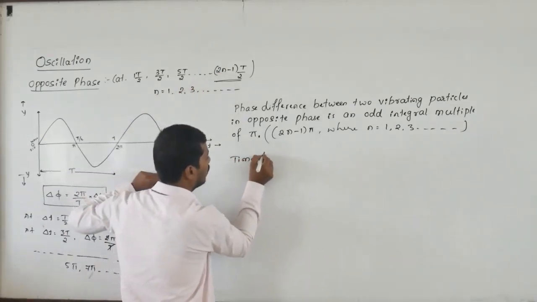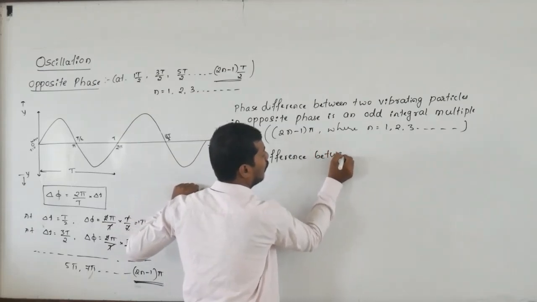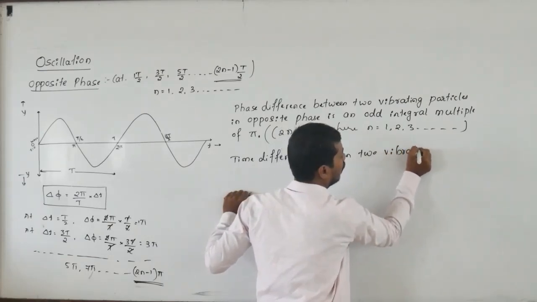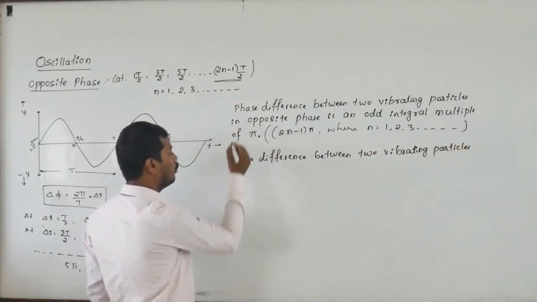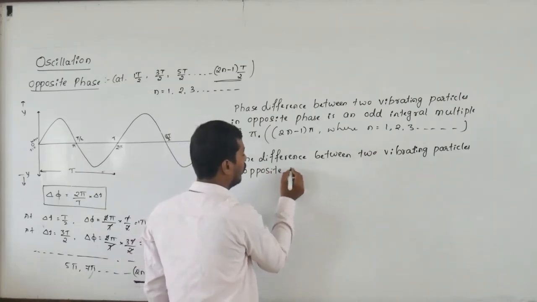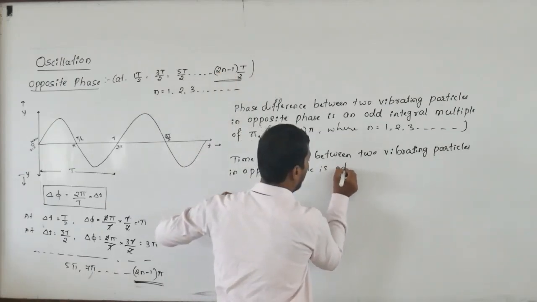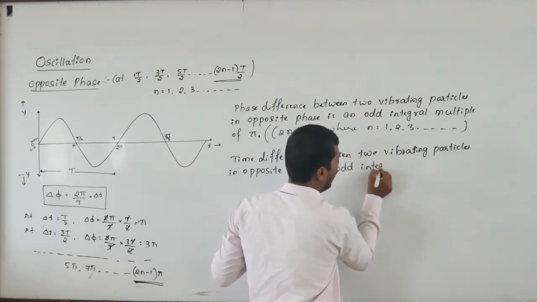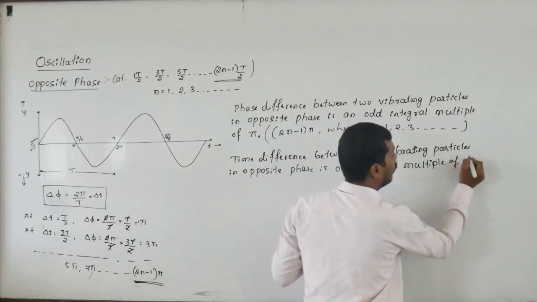The time difference between two vibrating particles in opposite phase is also an odd integral multiple of T by 2.